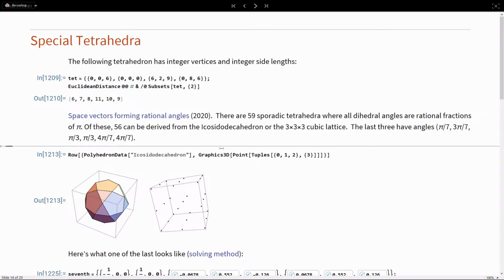And John Conway wondered what was the full set of tetrahedra where all of the dihedral angles were rational fractions of pi.